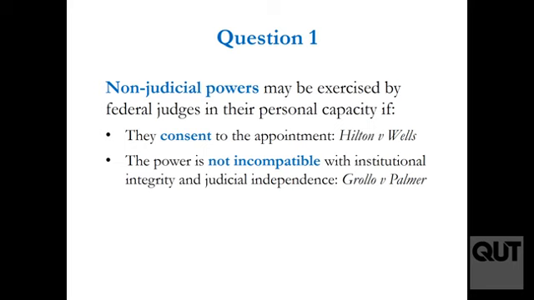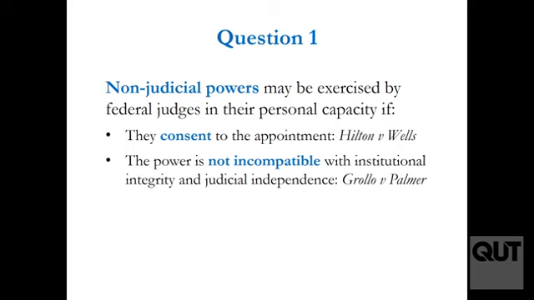The next issue is the function has to be compatible with the judge's capacity to perform his or her judicial functions, taking into account the time required and the nature of the role. And the authority for that is Grollo and Palmer. So if this non-judicial role could undermine public confidence in the judge's independence, the delegation will not be allowed.